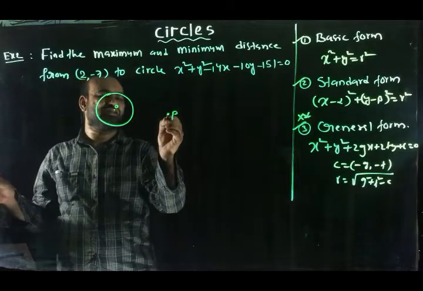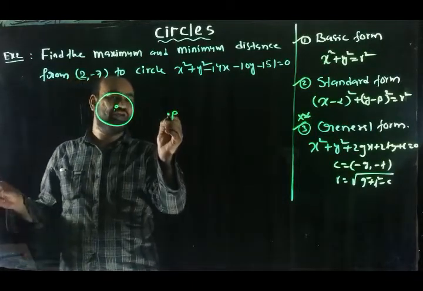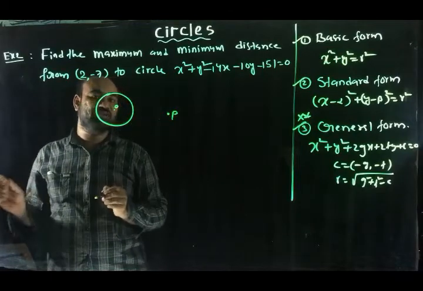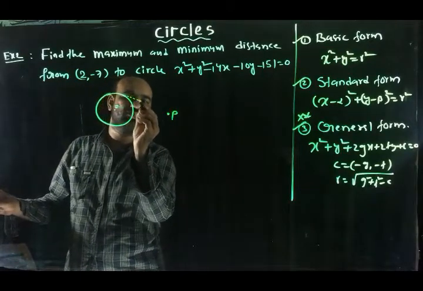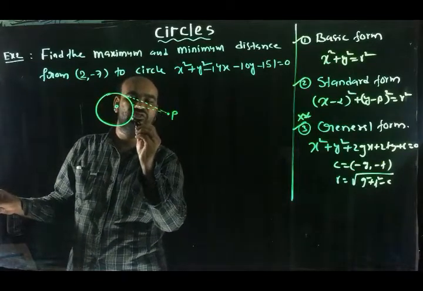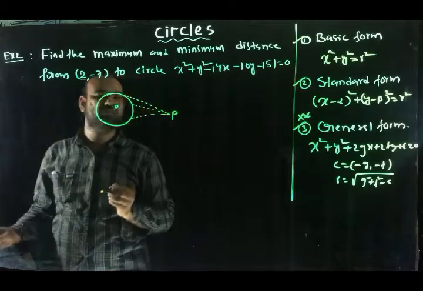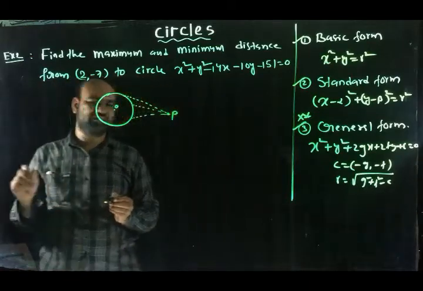Assume that P is outside the circle. From P to the circle, we want to find the maximum and minimum distance. Take a point on the circle, and all these distances you need to measure. Among all, we should find which one gives the minimum and which one gives the maximum.